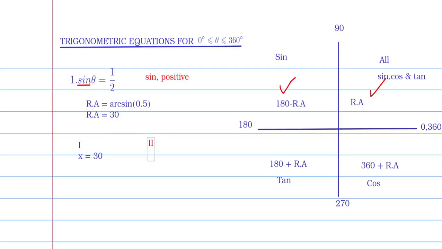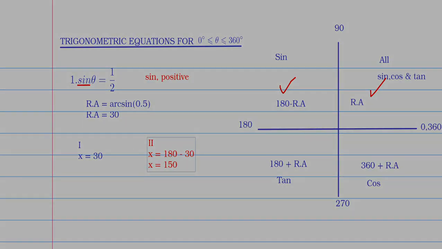Now in the second quadrant, X is equal to 180 degrees minus the reference angle, which is 30. This is telling me that X is equal to 150 degrees. Now those are the two values of theta. So theta is equal to 30 and 150.